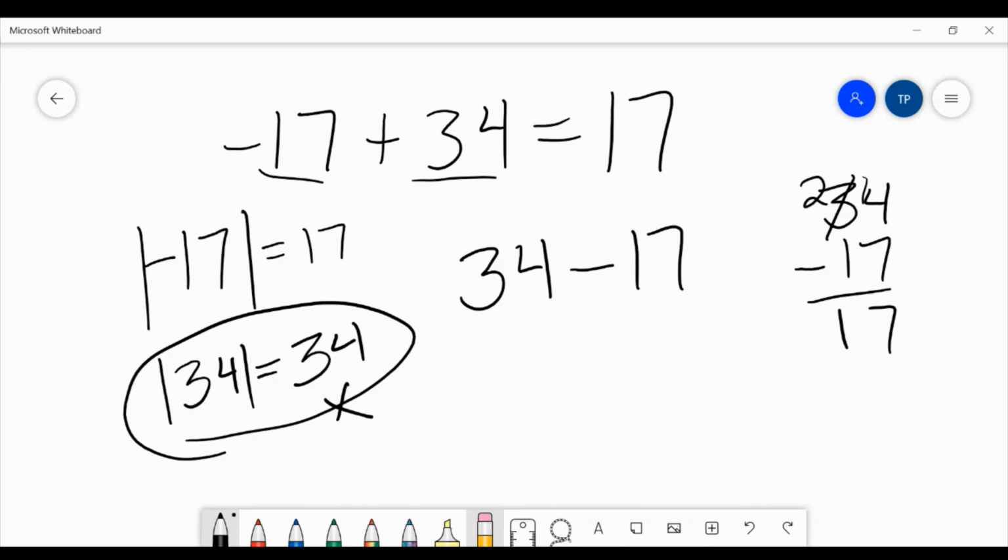Okay, so that's just the way you're going to do this section, right? If you really feel like doing number lines, more power to you, or using the counters, that's totally up to you. Okay, but this is a surefire method right here when you're adding integers with different signs.